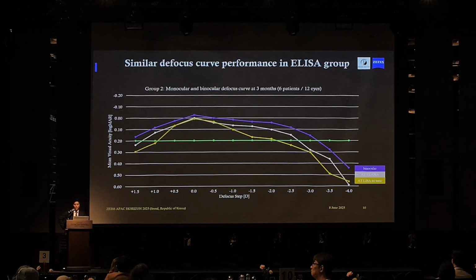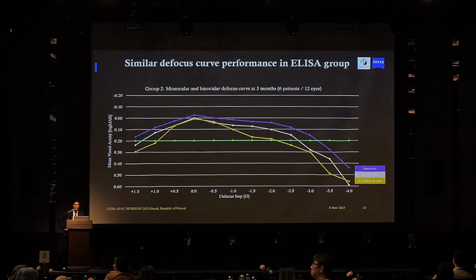In study group 2, you can see the pink line in this graph, IOLMaster, has a flatter and better performance than Lisa 3 toric, the orange line, in the range of minus 1.5 diopters to minus 2.5 diopters.